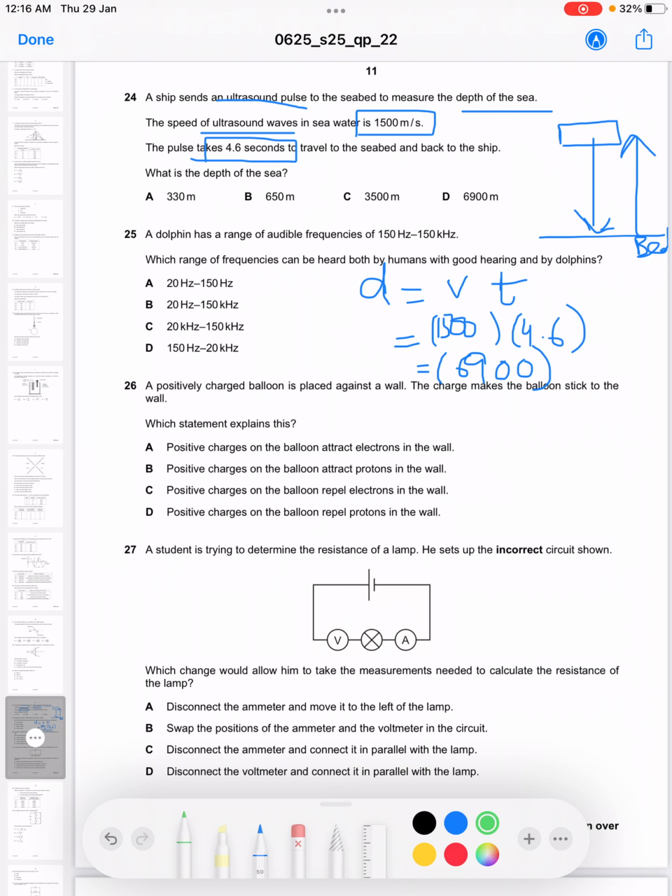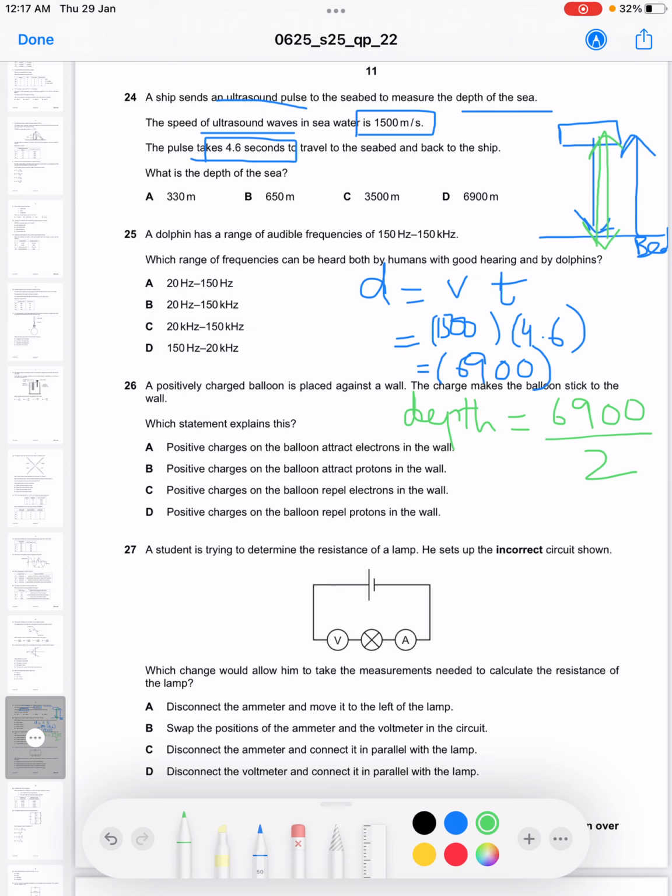Why? Because this is the total distance the pulse travels to go to the depth and then come back. It is basically twice the depth of the sea, right? So for finding the single distance, meaning the depth, we need to divide this distance by 2. So 6900 divided by 2 will give you the right answer for the depth of the sea.